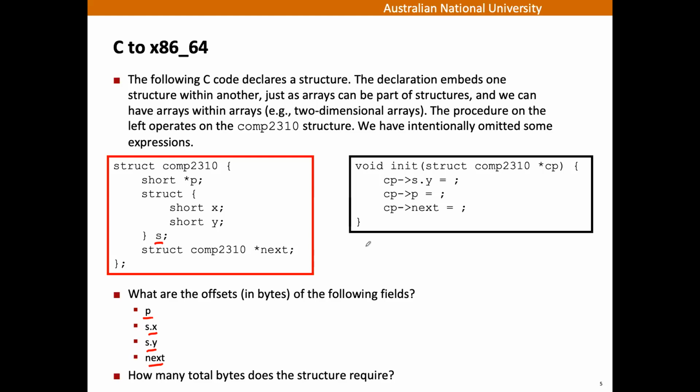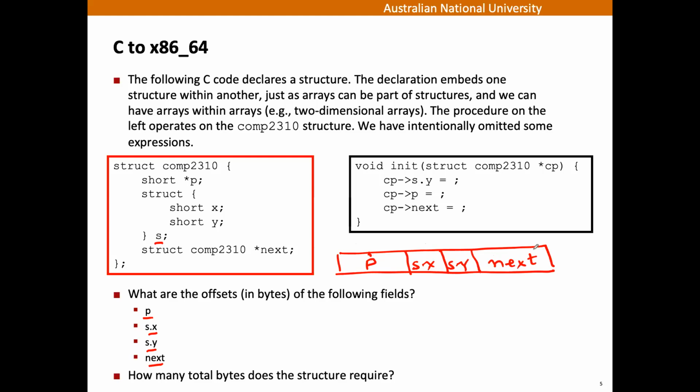Okay, so the best way to do this kind of question is to just draw a struct. So I have P somewhere, then I have s.x, then I have s.y, and then I have next.